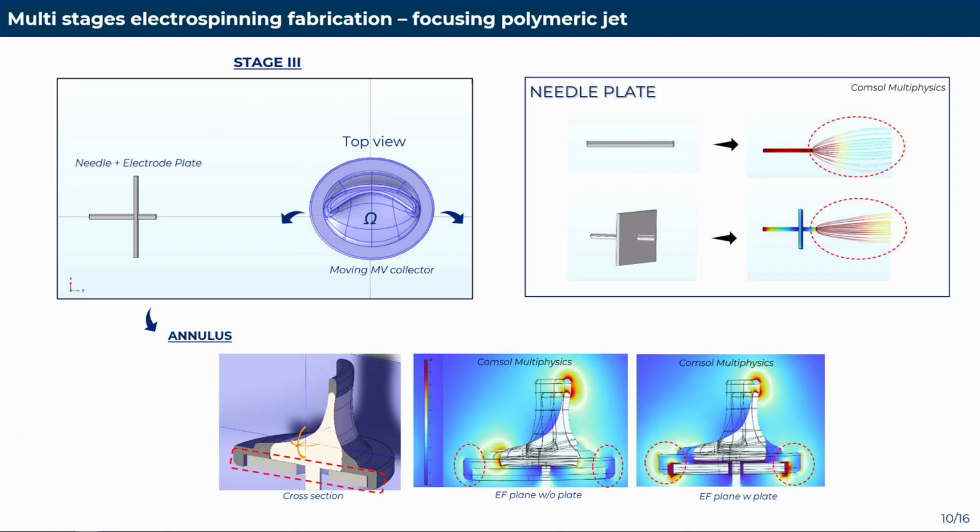And I would like to highlight how in stage 3 we introduced an electrode plate in the needle to focus the polymer jet, in combination with the introduction of a bottom electrode in the annulus region to increase the electrical field in a specific region of the target collector.